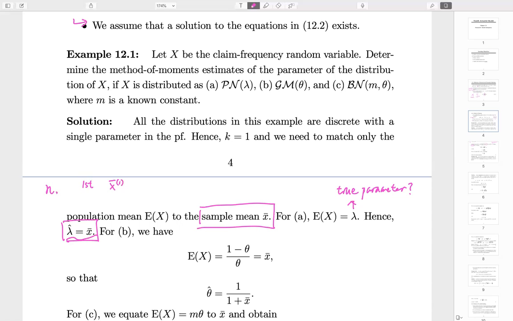I put superscript 1 to denote this is the first run, right? And then you can do the second run. I will get another X bar. You do it n times, and then you can do average of average, right? This might provide a slightly more accurate estimate than just relying on one sample.